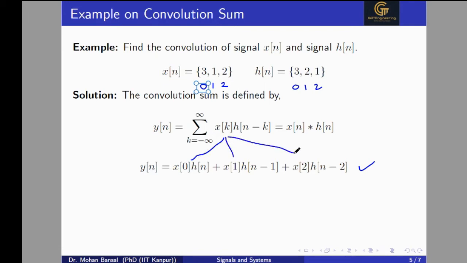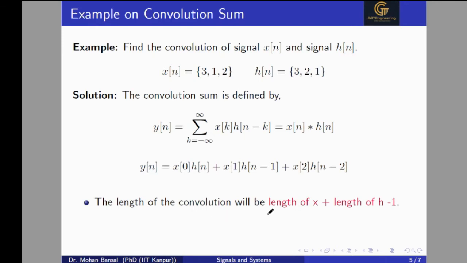If we expand it further, we would write x[3] h[n minus 3], but in our case x[3] is 0, so we don't need to write it. Now y[n] is x[0] h[n] plus x[1] h[n minus 1] plus x[2] h[n minus 2]. So we substitute n equal to 0, n equal to 1, n equal to 2, and so on to find the value of the output at each time instance n.